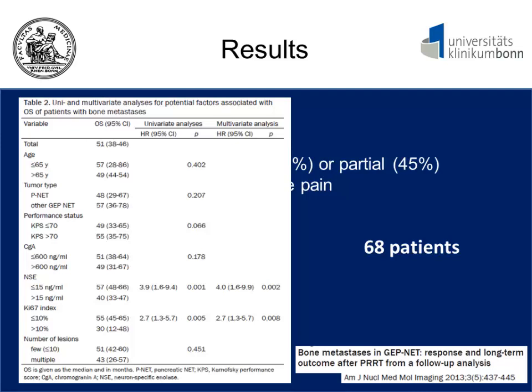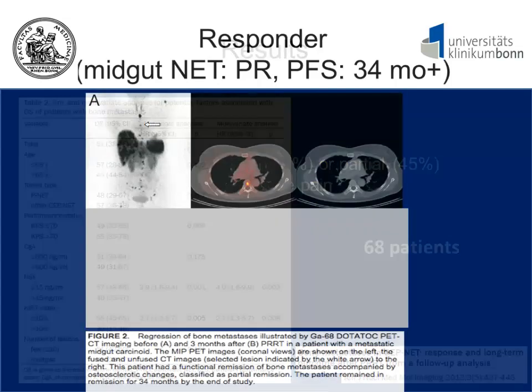And as you see here, two factors were very important regarding overall survival. One of them was the NSE, and the other one the Ki-67 index with a cutoff of 10%.